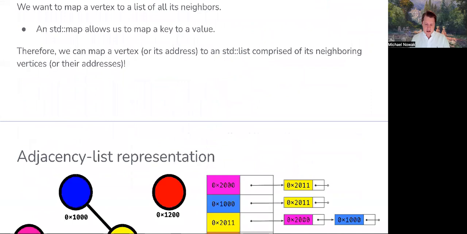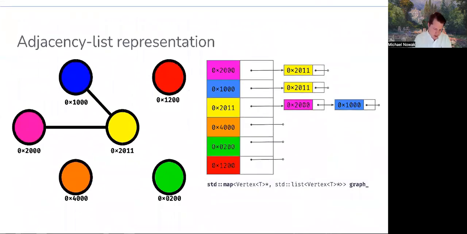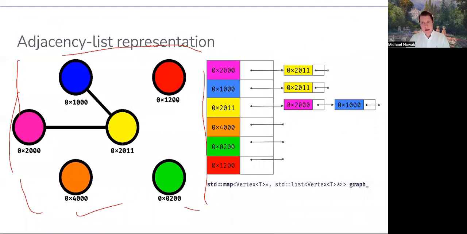So looking at this, imagine we have a collection of vertices stored somewhere in our program. And let's not focus on any connections between them. Let's say this pink object lives out there at this address in memory, the blue one at that, and so forth. If we have a collection of these, say, dynamically allocated objects, one way we refer to them is through pointers, which store their address. So one representation might be to have a map that's going to have as the key a pointer to some vertex.